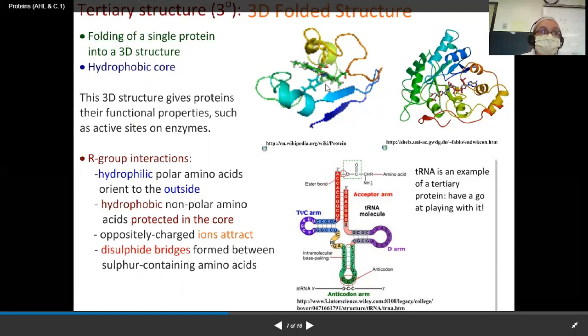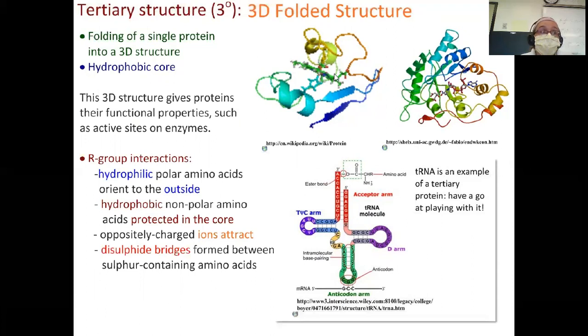The hydrophobic part is going to tend to stay in the middle unless it is a plasma membrane protein. If it is a plasma membrane protein, then the parts that are embedded in the plasma membrane will be hydrophobic. So it may indeed be on the 'outside' of the protein, but if it's up next to other hydrophilic parts, it's okay. It'll be stable chemically.